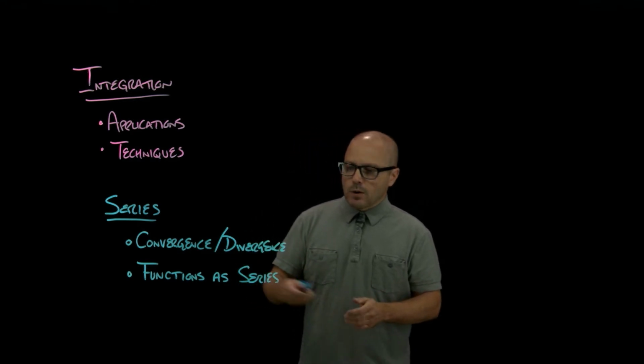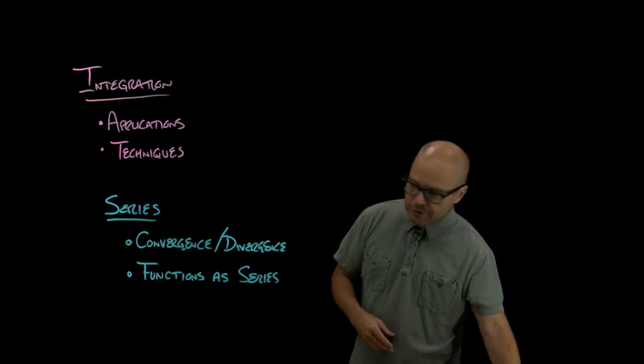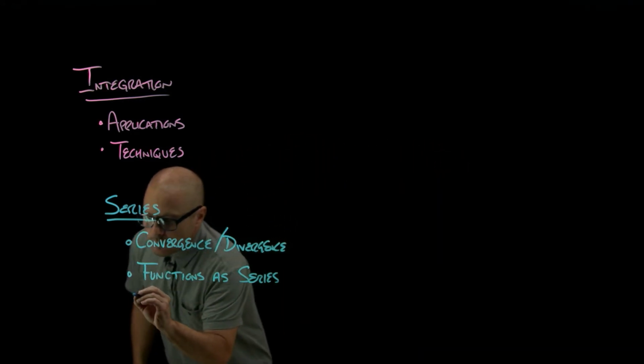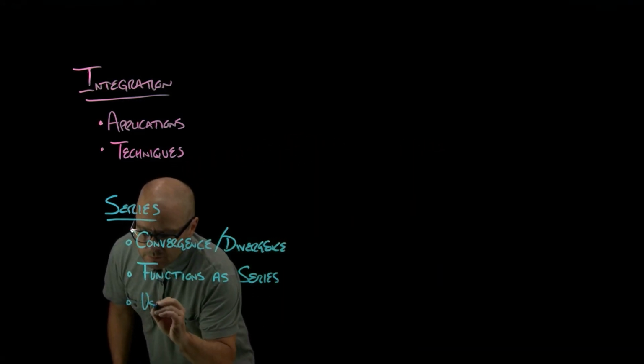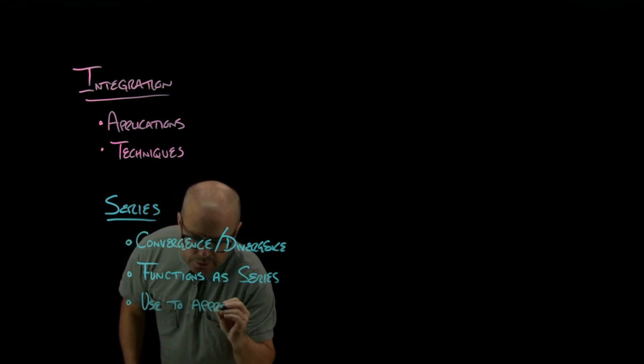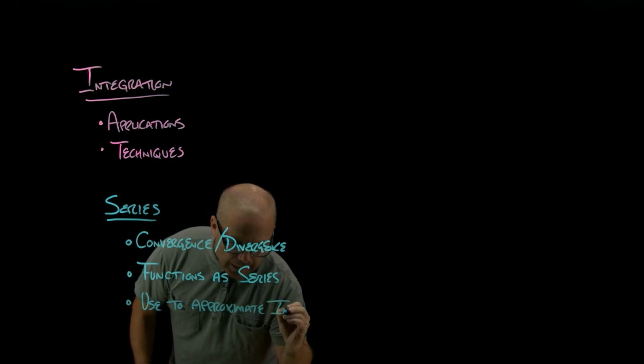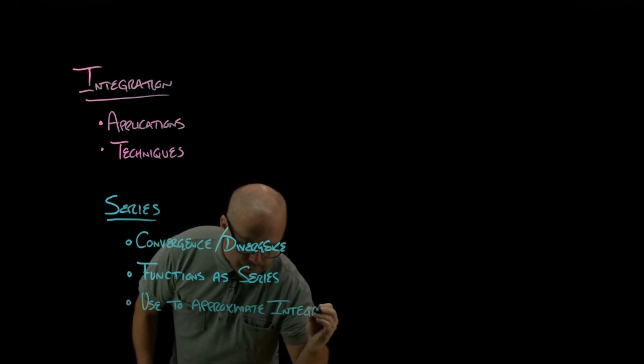And we'll also look at using, bringing it full circle there, we'll also use these to approximate integrals. So there is a connection. We'll end up back at integrals in series.